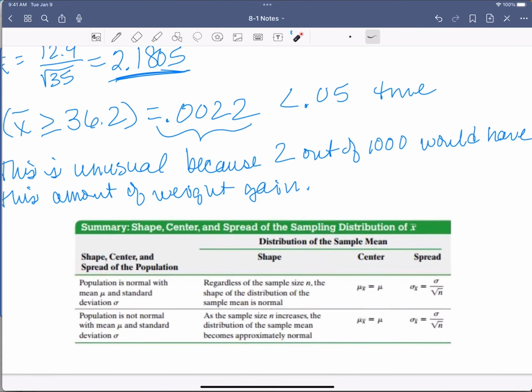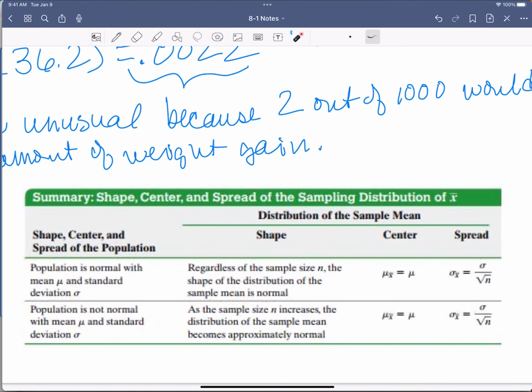Okay, so here's just a little graphic. This little table here just summarizes. We talked about shape, center, and spread, right? So this is how it plays. If the population is normal with the mean and standard deviation, regardless of the sample size, it will be normal. If the population is not normal, then as the sample size n increases, it becomes approximately normal.